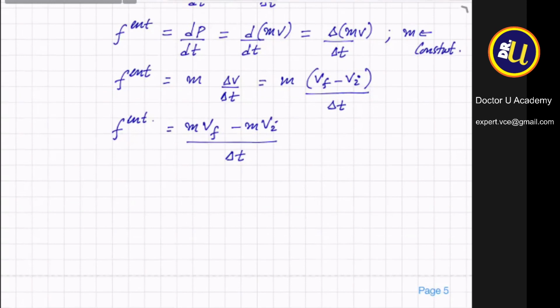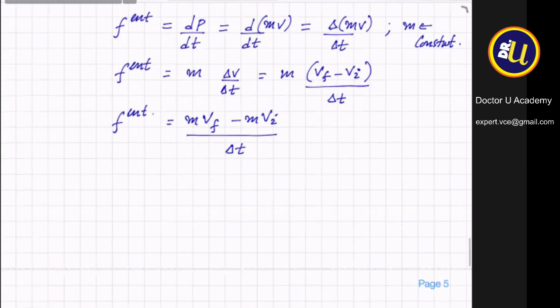Now from here we can do many things. First of all, we will multiply F external with delta t. It's cross multiplication, so that would be F external times delta t is equal to mvf minus mvi.